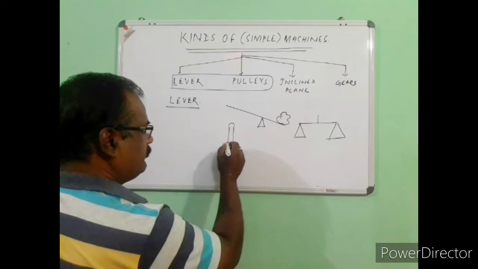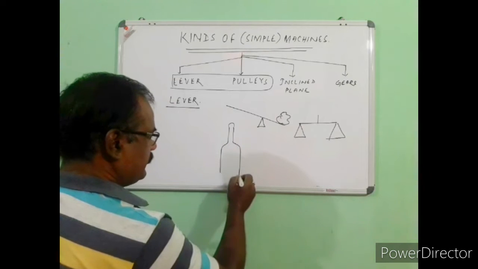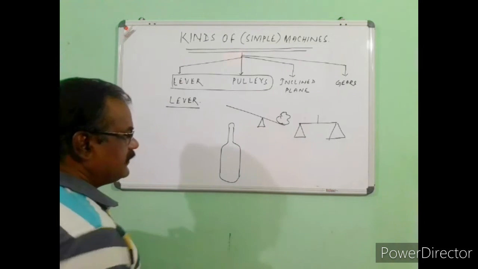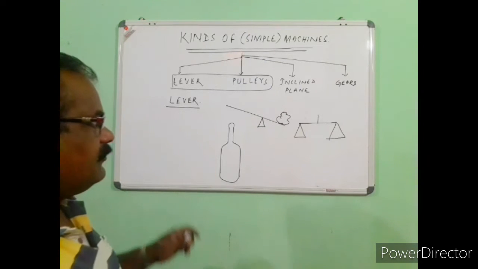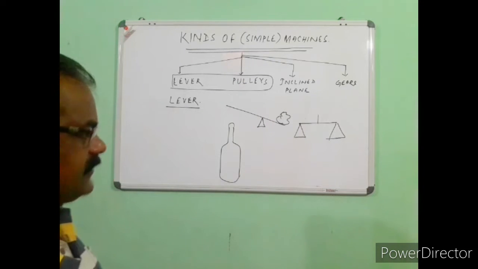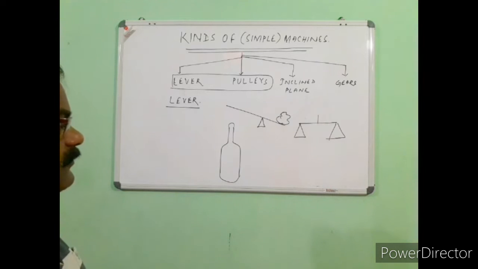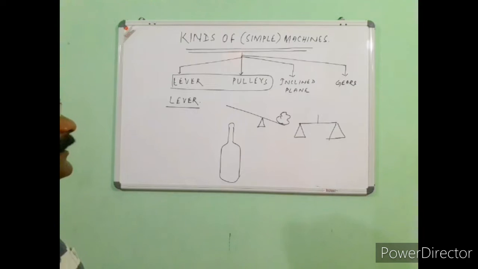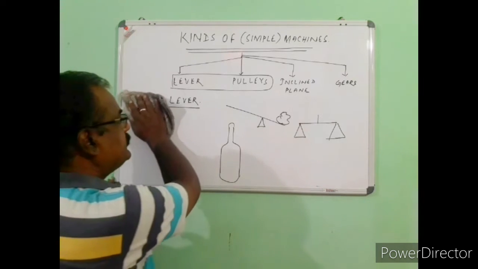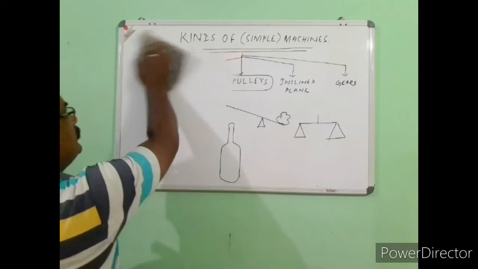This is also a sort of simple machine, it works just like a simple machine, and it also comes under the lever. Now we will discuss how they work, what their purposes are, and why they are designed. All these things we will discuss in this section on the lever.